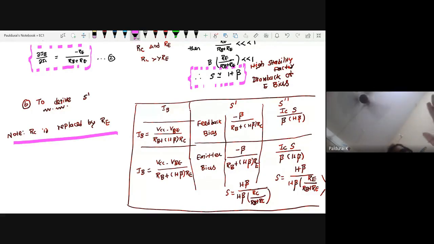Similarly, you want to derive S dash and S double dash for the next biasing, voltage divider biasing, also. So take these two derivations. Totally 4 derivations: S and S dash, S dash and S double dash for emitter bias and voltage divider bias. Take it as an assignment.